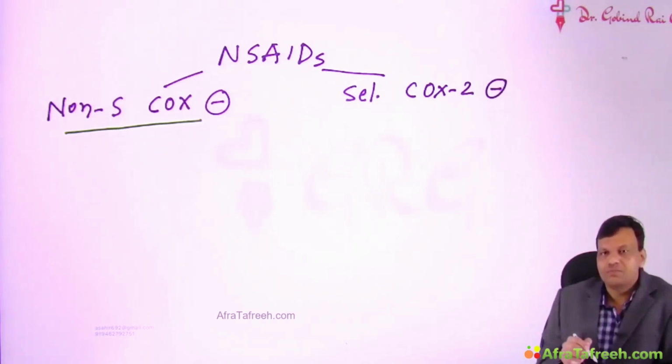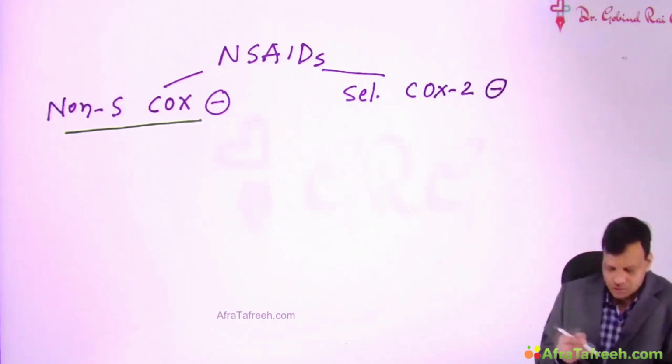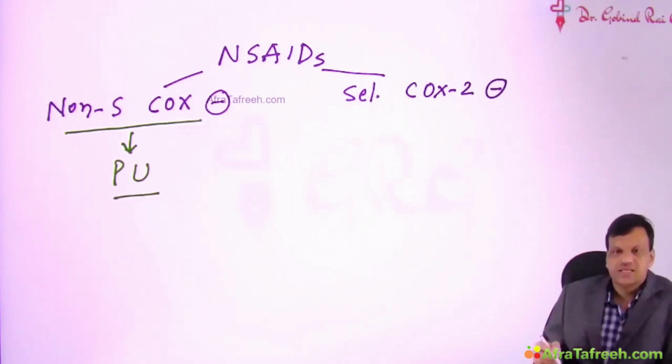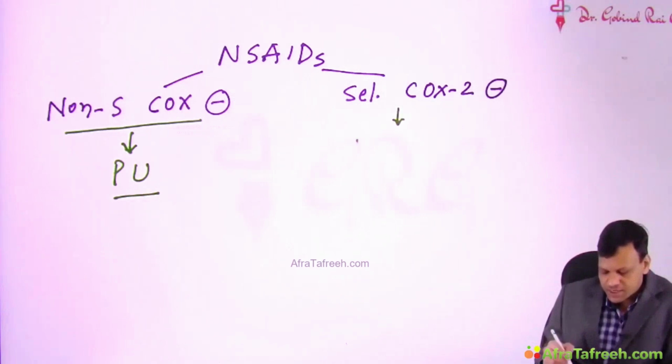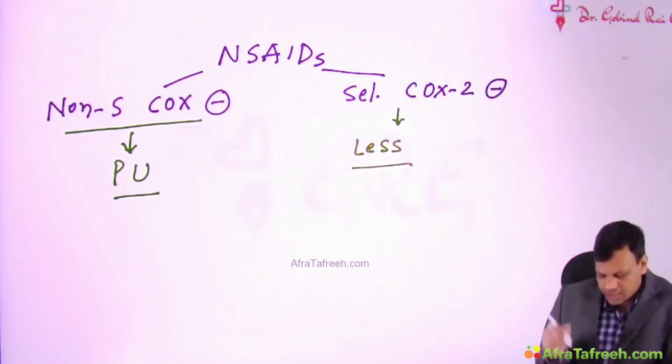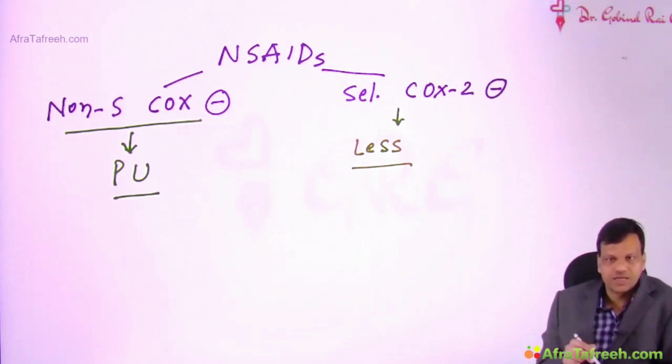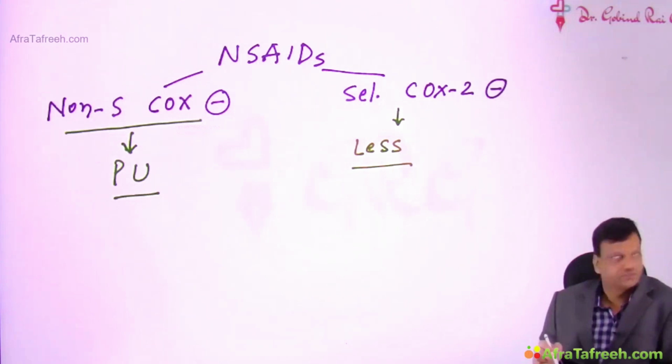So the person will be predisposed to peptic ulcer. So non-selective COX inhibitors increase the risk of causing peptic ulcer, whereas it is lesser with selective COX-2 inhibitors.